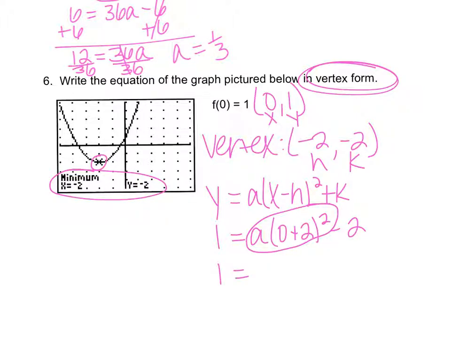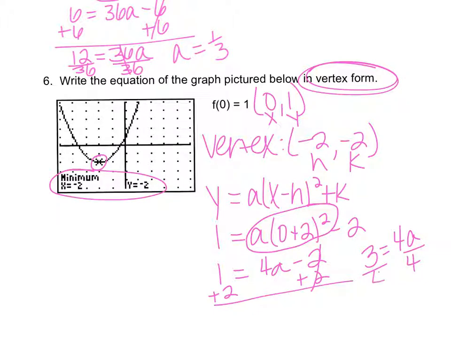So that'll be 2 squared, which is 4a. So add 2, and you get 3 equals 4a. So a would equal 3/4. So plugging it in, you get y equals 3/4 times x minus h, h is -2, so +2 squared, and then -2.